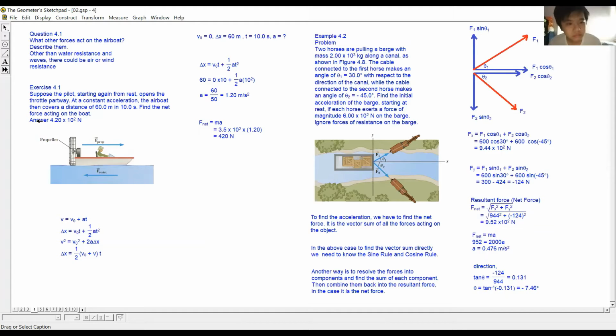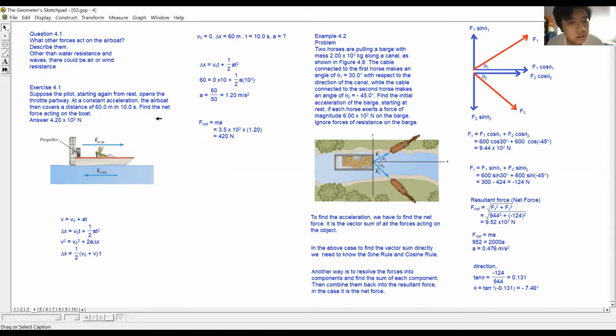Find the net force acting on the boat. So it's the same problem, but now it's the other way around. The other one, you find the acceleration from the net force. This one, you know the acceleration and you have to find the net force.